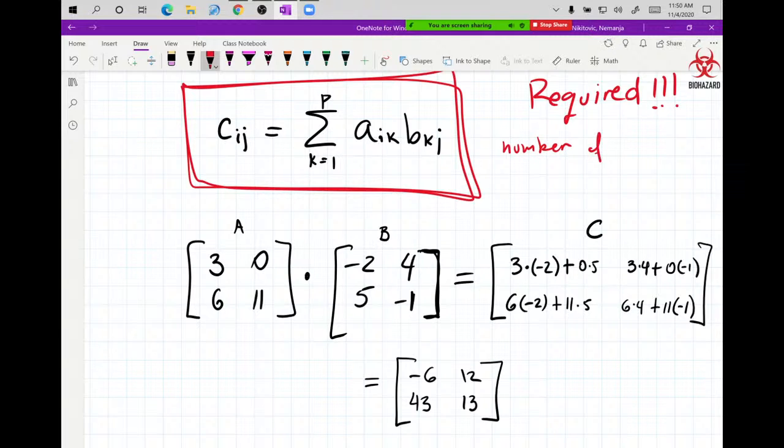Number of entries in a row of A has to be the same as the number of entries in a column of B, because you go row times the column, right?